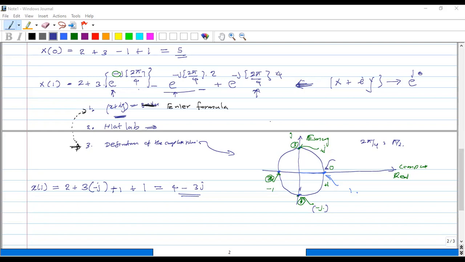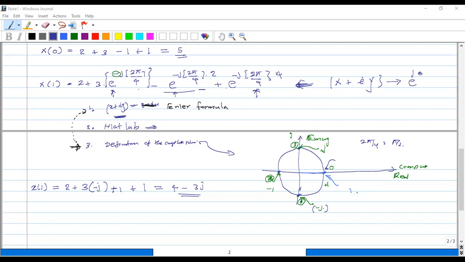So this term, 3 e to the power minus j 2π by 4, that is okay. Then minus this term, e to the power minus j 2π by 4, times 2, that is okay.